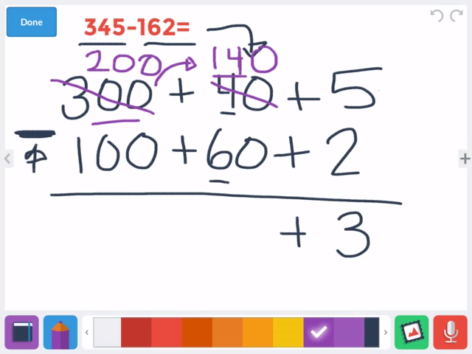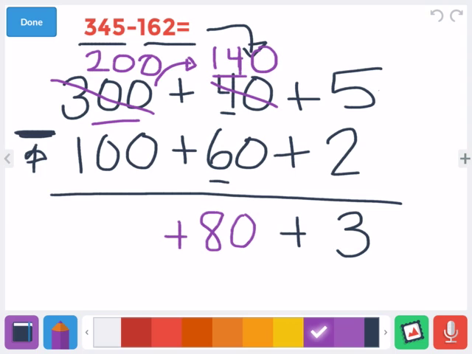I can put 6 in my head, and I can count up. 6 tens, 7 tens, 8 tens, 9 tens, 10 tens, 11 tens, 12 tens, 13 tens, 14 tens. I just counted up and I realized that I have 8 tens. 8 tens is the same as 80. So 140 minus 60 equals 80.